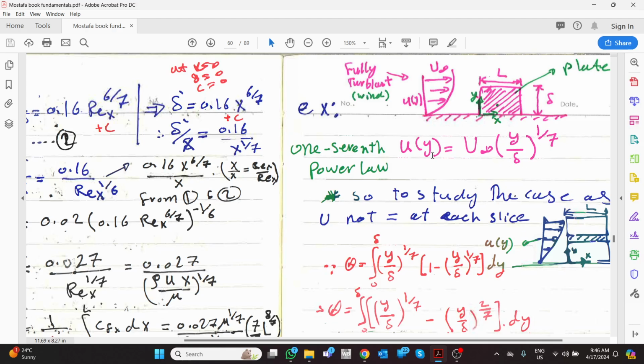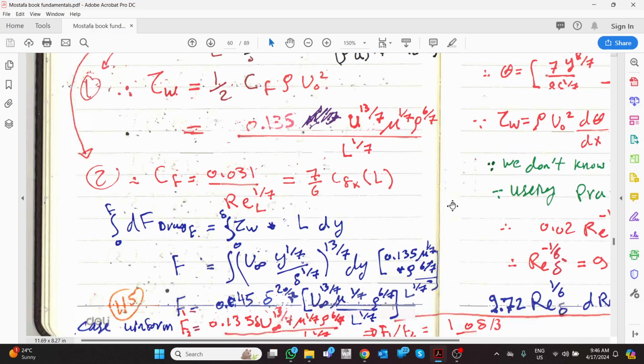So uy equal u infinity. If this term equals 1, remove this term, make the integration from 0 to delta, it is a delta. You get my point? So if this term is 1, the integration is delta from 0 to delta, so just put the numbers, etc. Then you will find one equation.